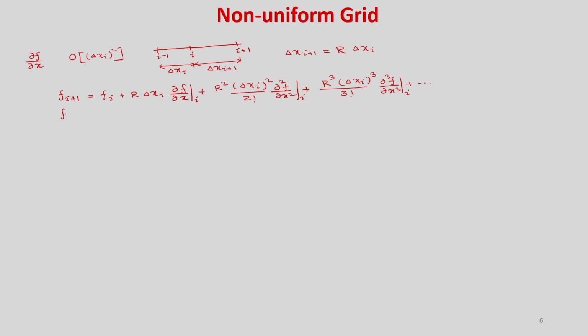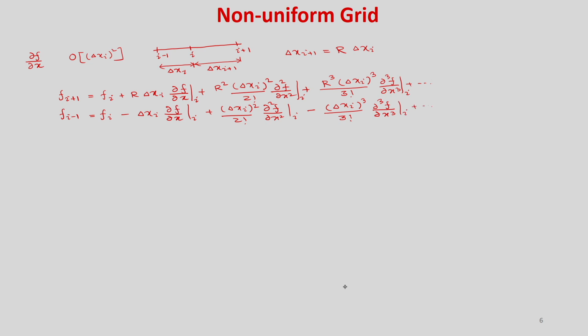Similarly, f I minus 1 we have already done: f I minus 1 is f I minus delta x I del f by del x plus delta x I square by factorial 2 del 2 f by del x square minus delta x I cube by factorial 3 del cube f by del x cube and higher order terms.